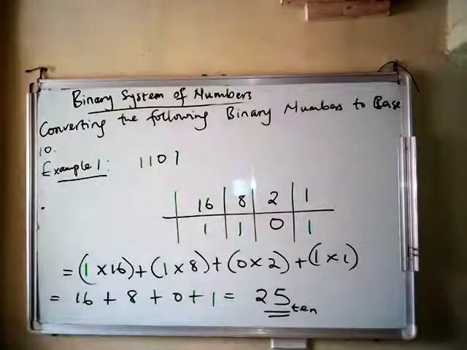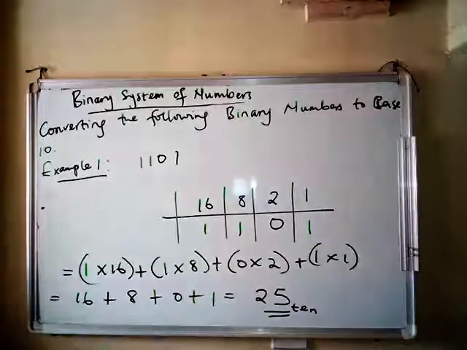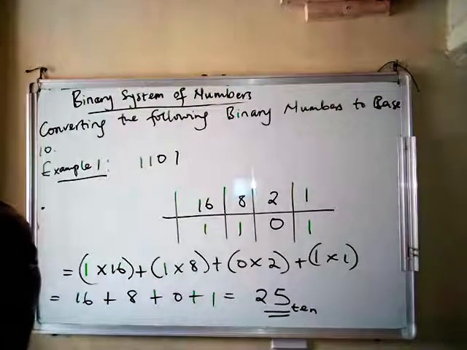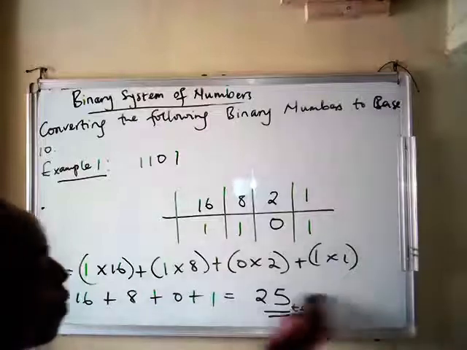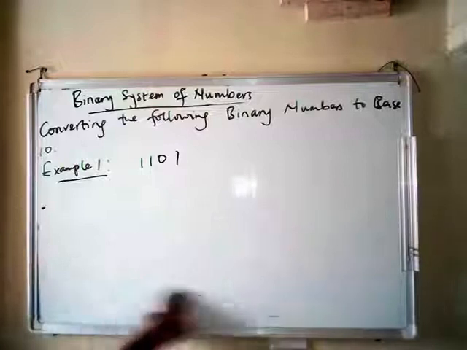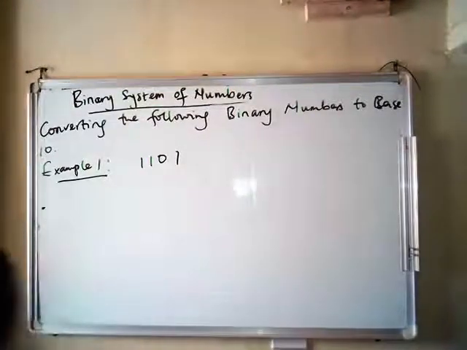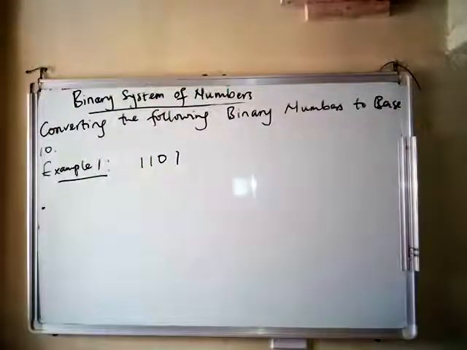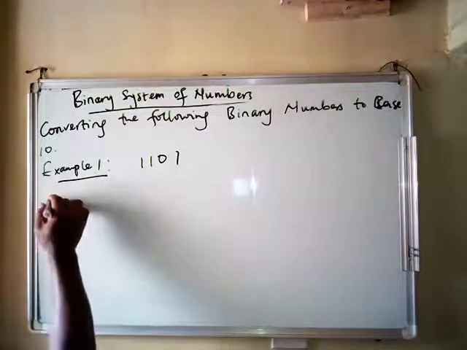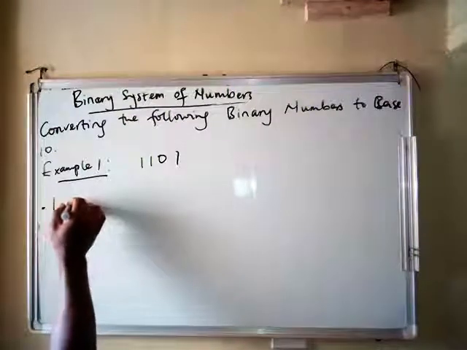Now place these numbers here: 1, 0, 1, 1. So what do we have? We have 1 times 16 plus 1 times 8 plus 0 times 2 plus 1 times 1. Are you seeing that?